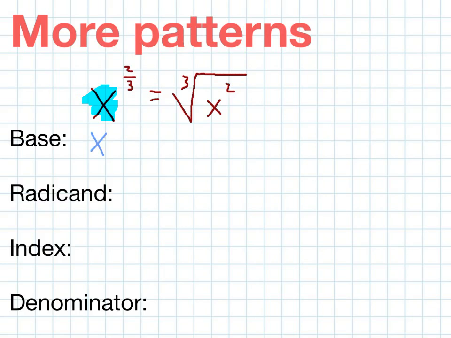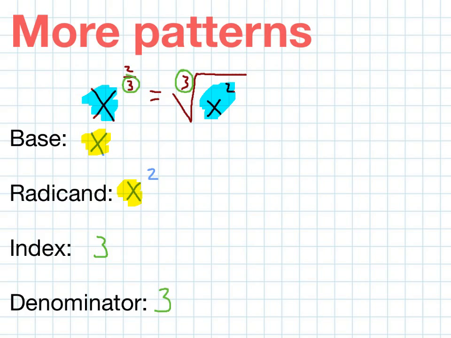Well, in this question, a little bit different than before, but my radicand is here at x squared, but notice they are sharing the x piece. This will become important. My index is 3, and the denominator for my exponent is also 3.